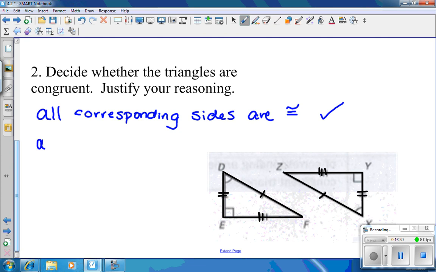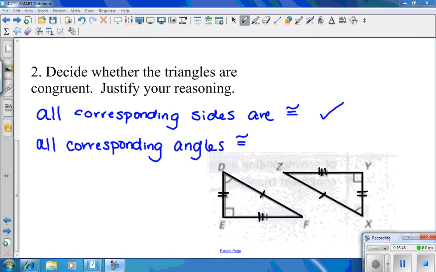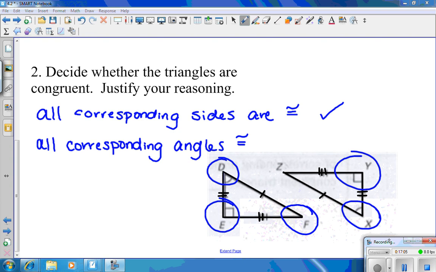But now we got to look to see, are all corresponding angles congruent? Well, we know that D and X, they match, right? Anything else match? E and Y because they're both 90. Very good. Because those two are congruent with another one, the last ones also have to be congruent.